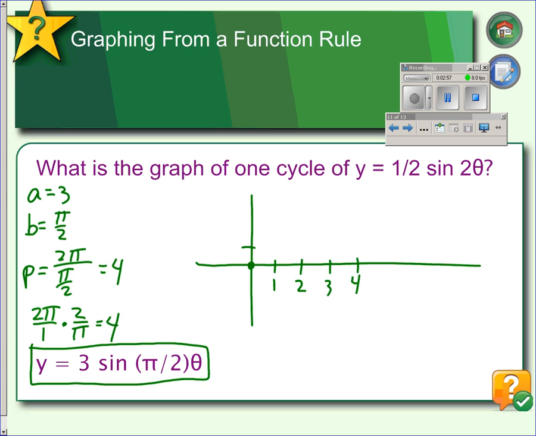The amplitude is 3, so we go 3 in both directions. And then our sine curve, starting at the origin, will go up to the amplitude at the first point, back to equilibrium by the second point, to the negative amplitude by the third point, and back to equilibrium for the 4th point, like so.